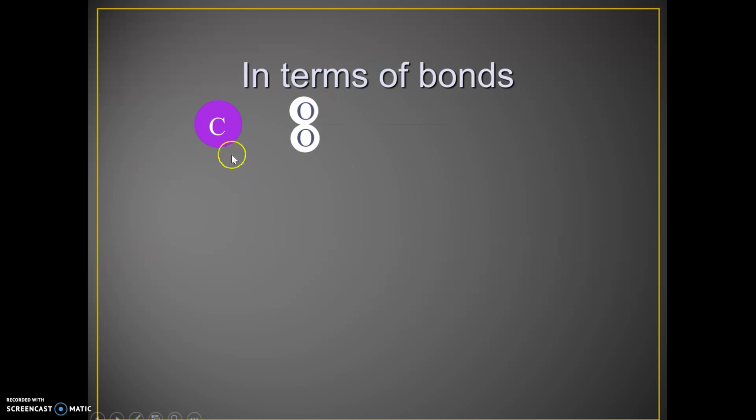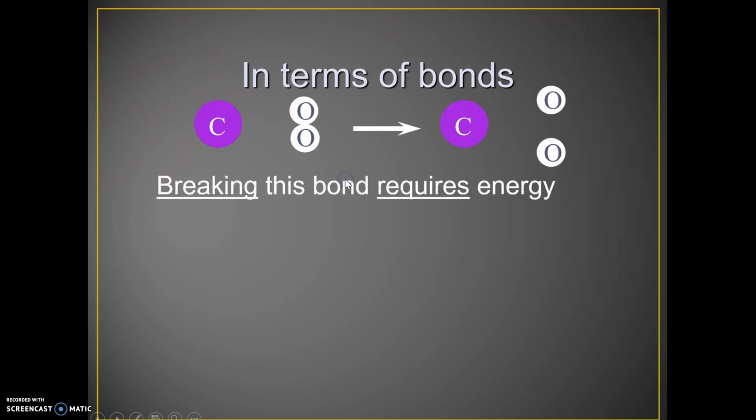Let's say we have carbon and oxygen and we're trying to make carbon dioxide. You have one carbon atom and an oxygen molecule. In order for these oxygens to bond with this carbon, you need to break the bond between the oxygens. That requires energy. You have to put energy into the system to break that bond.